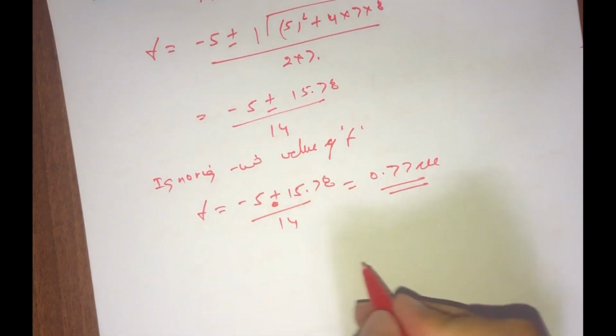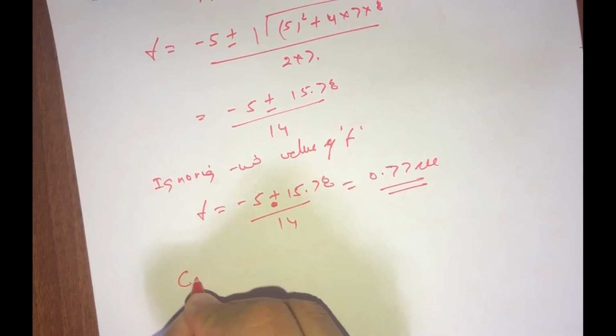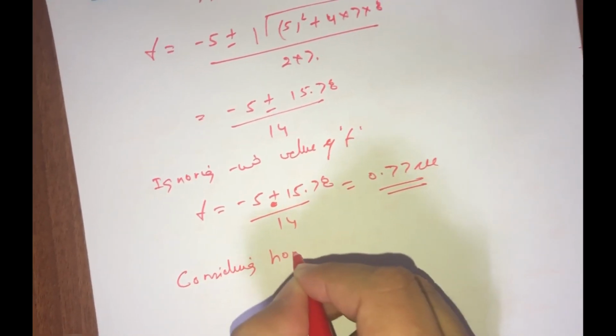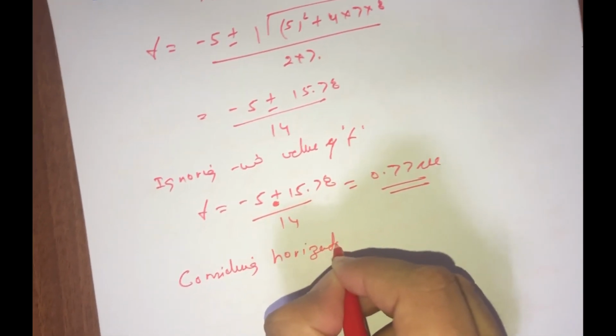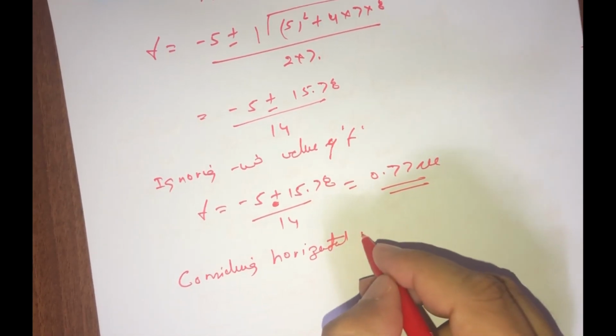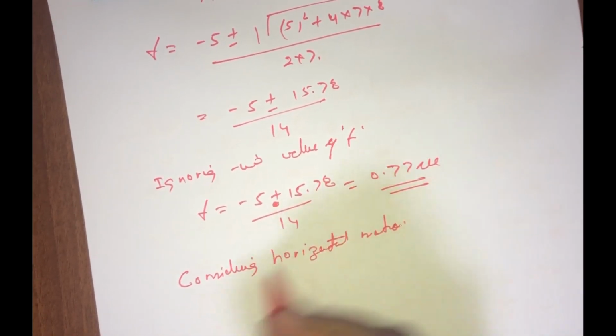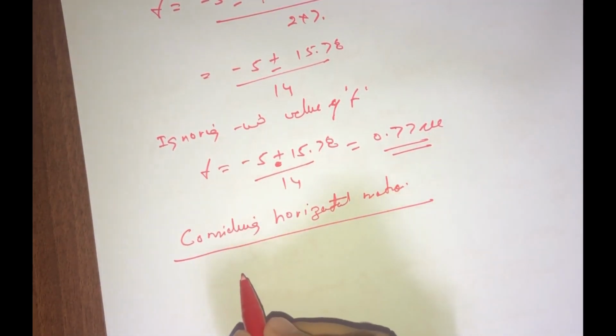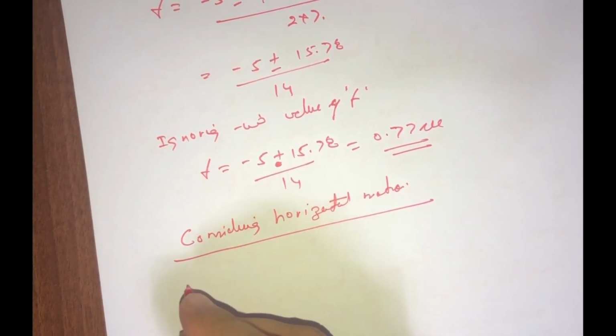Now considering the horizontal motion, the horizontal distance covered by the projectile is equal to EF.